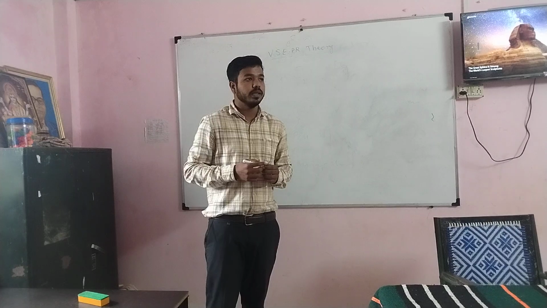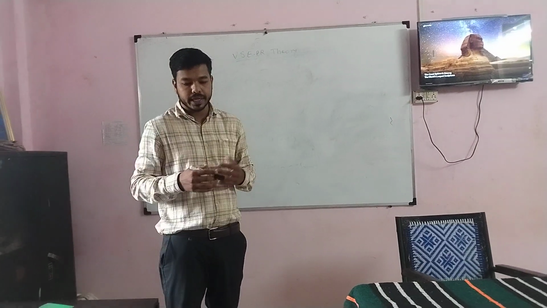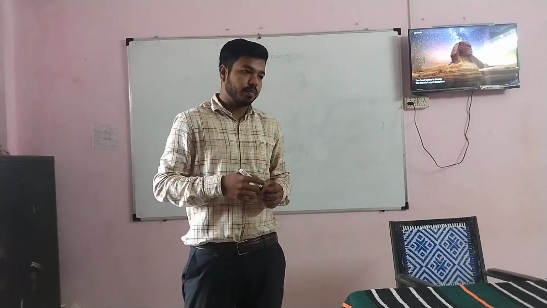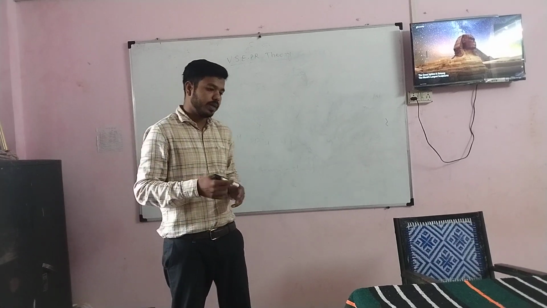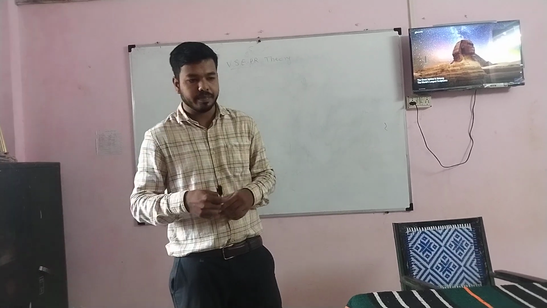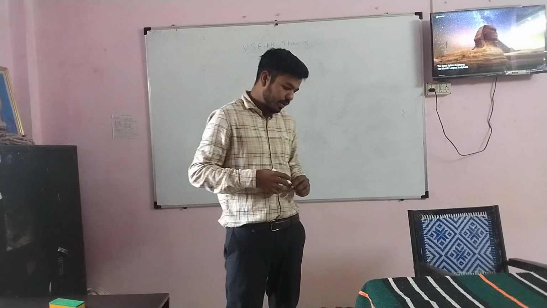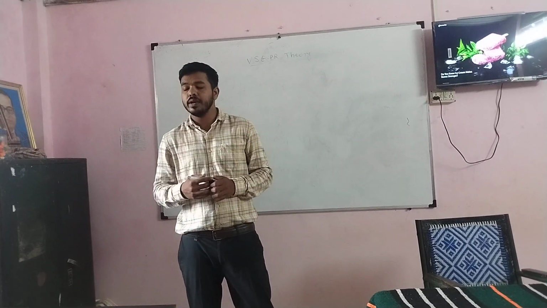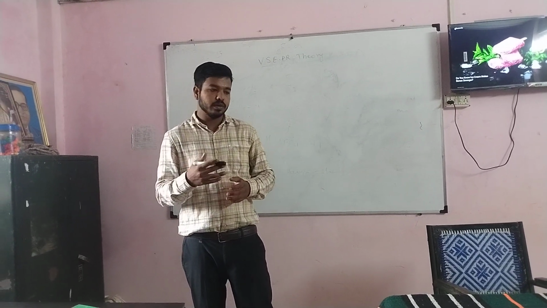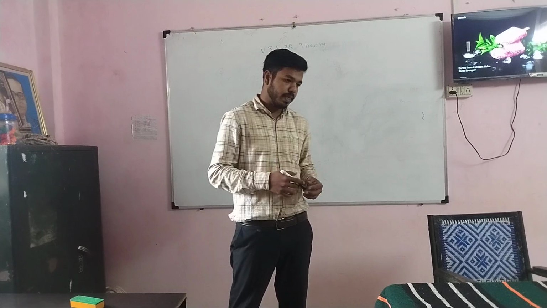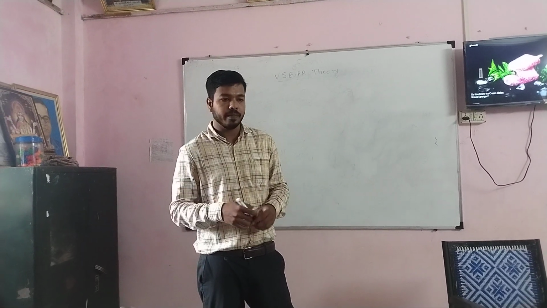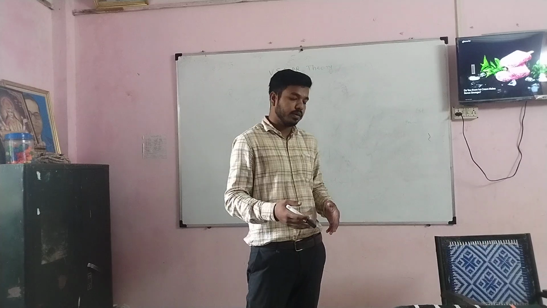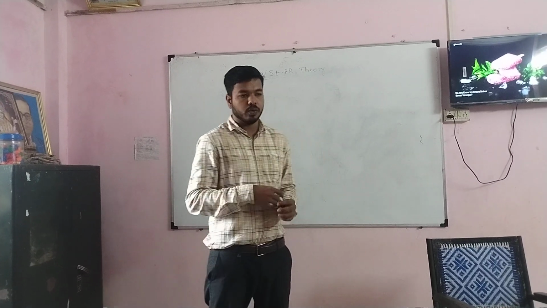The VSEPR theory is based on the interaction of electrons from the valence shell of the central atom, and so the name is valence shell electron pair repulsion theory. This theory explains how the 3D shape of a molecule is formed, how bonding and non-bonding electrons repel each other, and how this repulsion results in the shape of the molecule.